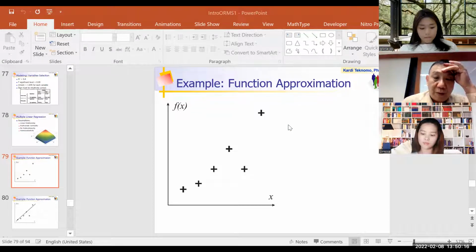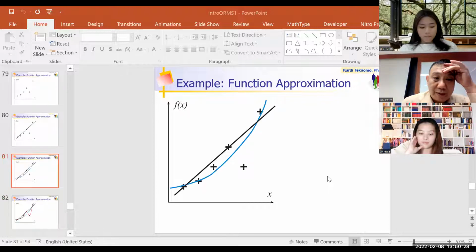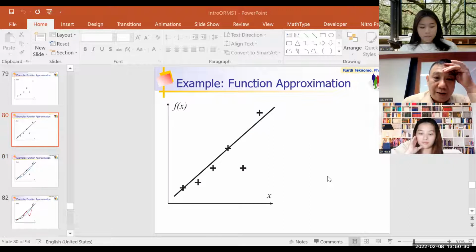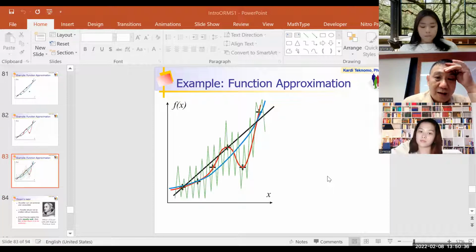Now I have a function approximation here. I have this data with a few outliers. My question to you: which line is the best? The black line, the blue line, the red line, or the green line for the function approximation of those data? What do you think?